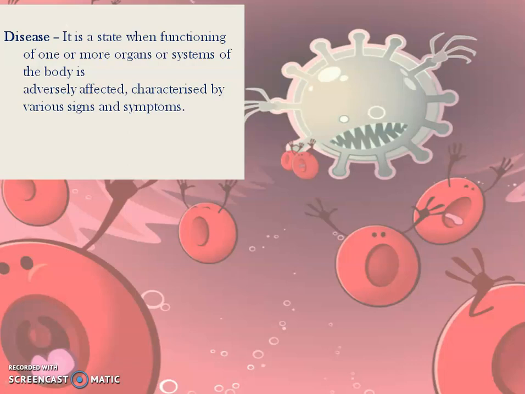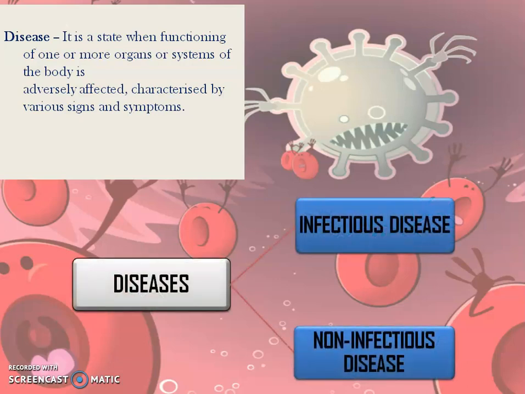So in short, a disease is a state of our body where the proper functioning of the different organs within our body is hampered or adversely affected. The reason may be different. Clear?